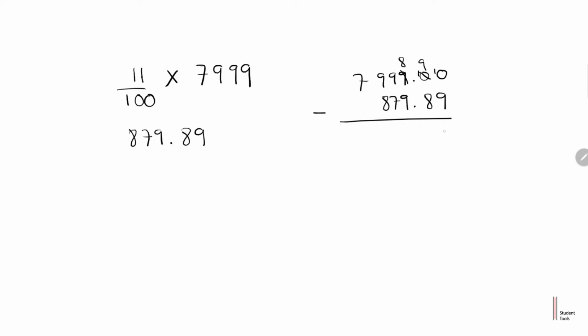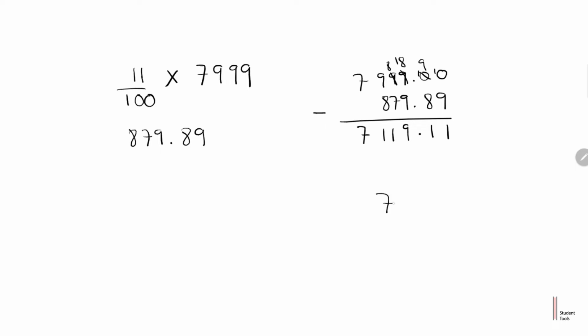So 10 minus 9, that is a 1. 10 minus 8, that 9 minus 8, that is a 1. And we have 8 minus 9, we'll borrow from here. So we are left with an 8 here, and then we have 18 over there. So 18 minus 9, that is a 9. Put a decimal point over there. And then we have 8 minus 7, that is a 1. We have 9 minus 8, that is still a 1. And then we have 7. So this is the balance after Tyler has paid the 11%.